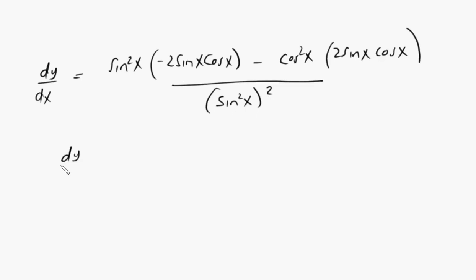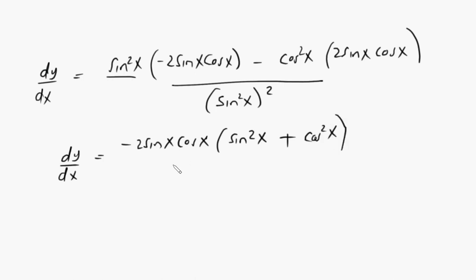So dy dx is just going to be equal to, hapa juu tutakuwa na nini? Look, naweza nikatoa negative 2 sin x cos x nje. Kwa hapa nitabaki na huyu sin squared x, wakati hapa nitabaki negative na negative ni positive, cos squared x, over sin, hii ikisquare inakuwa power 4 x.